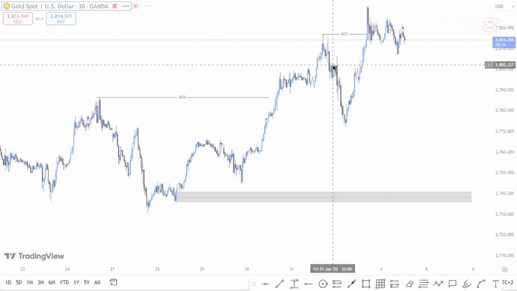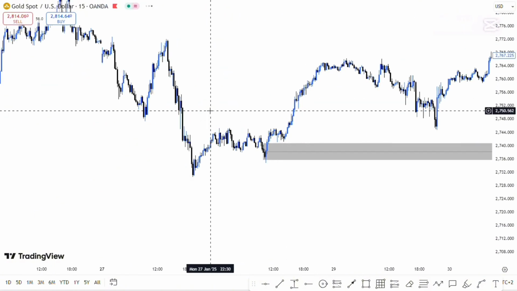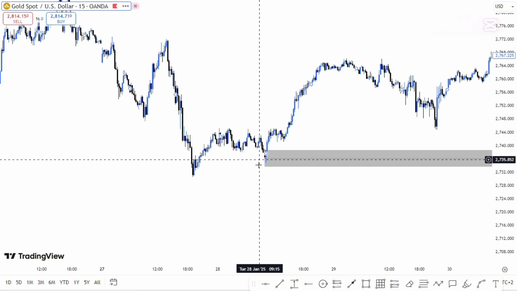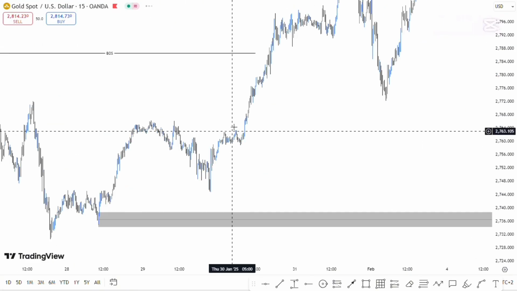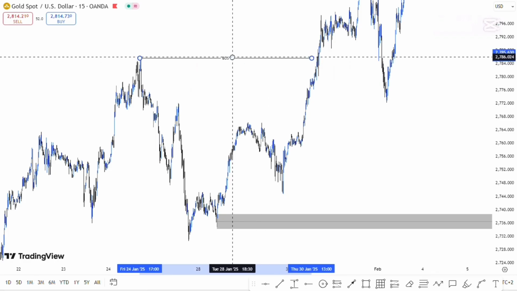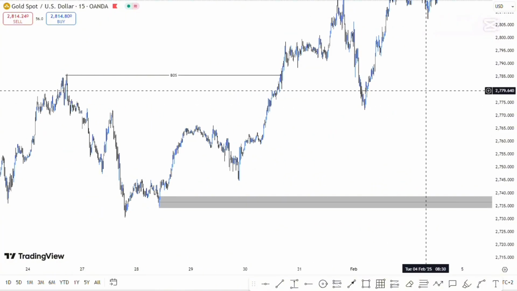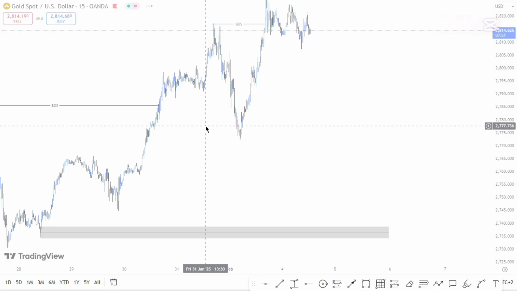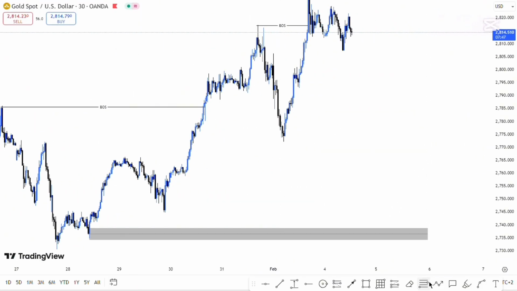Now moving down to our entry time frame, you can see how to perfectly see the last candlestick right there. Now let's move down to 30 minutes so that I can clearly set my position from where I'll be looking to buy from.